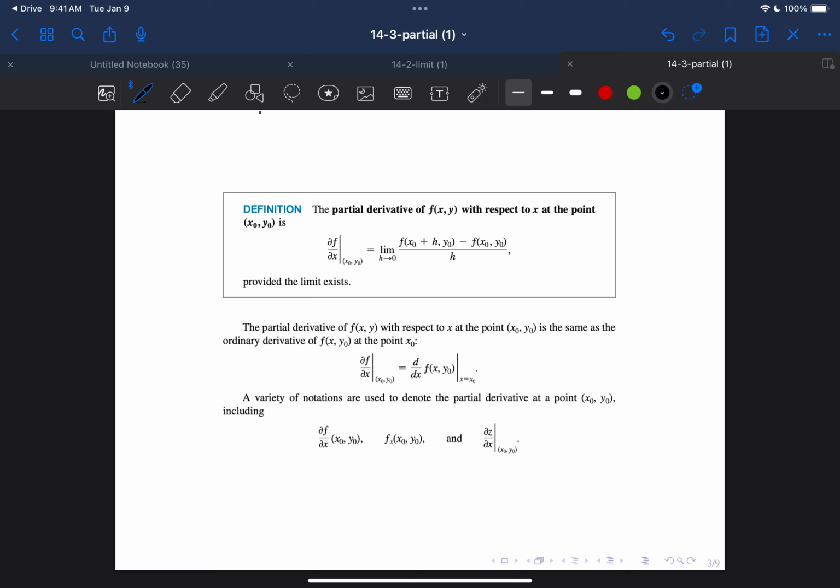So if you're given a function f of x, then what is f prime of x? Sometimes we can write this as df of x dx, which means the differential of f of x. You can think of the difference of f value over the difference of x value, and take the limit.